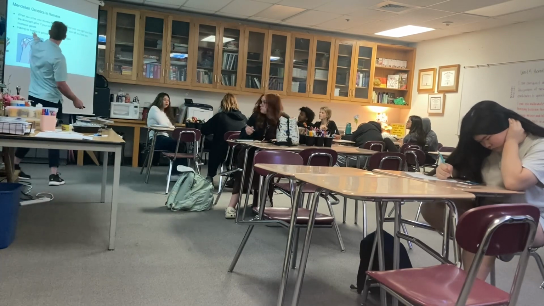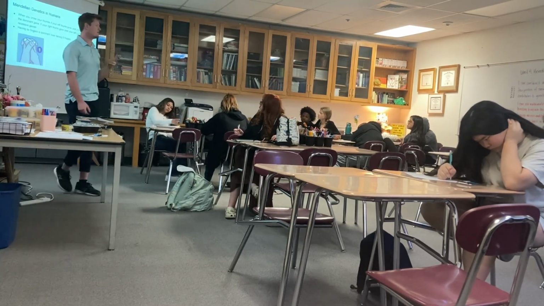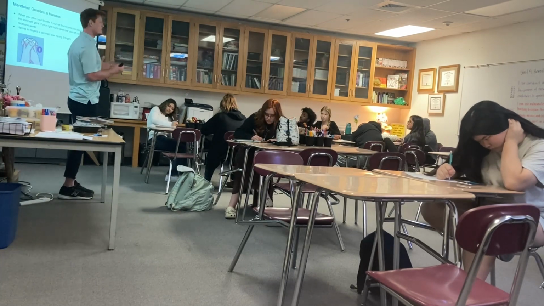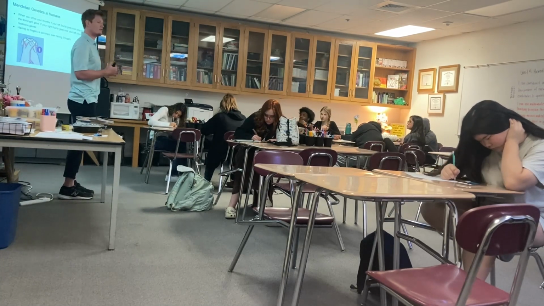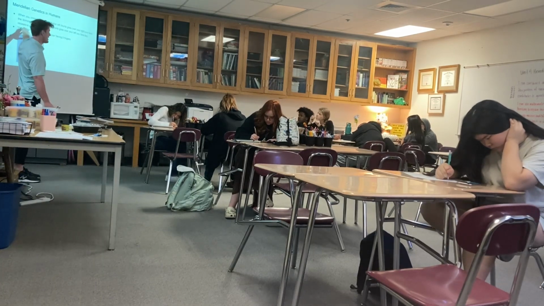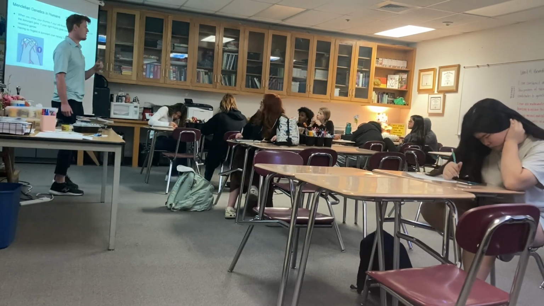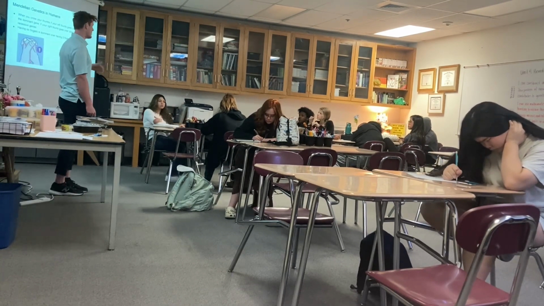But what dominant means is, remember, humans are diploid, which means we get one chromosome from our mom and one chromosome from our dad. And what the dominant gene means is that if one of your chromosomes has that gene on it, then that's what's going to be your trait.